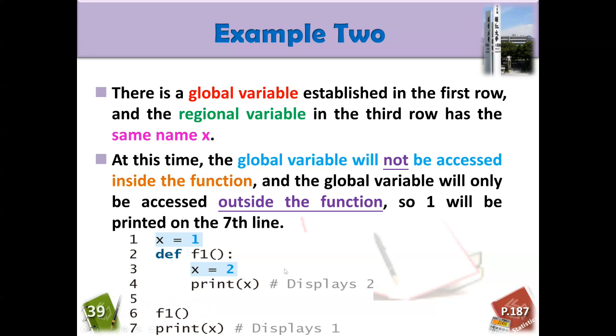Now x will not be 2, x will be the global variable, because this is the outside print, and it cannot discover the variable inside the function. I mean, the local variable x inside the function. So it will actually display 1 here. So actually this program will display 2 first, then display 1. Okay.